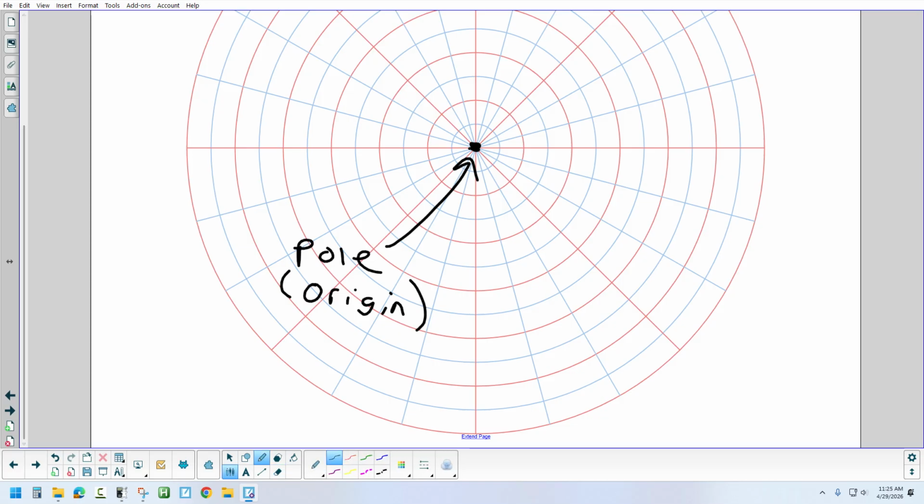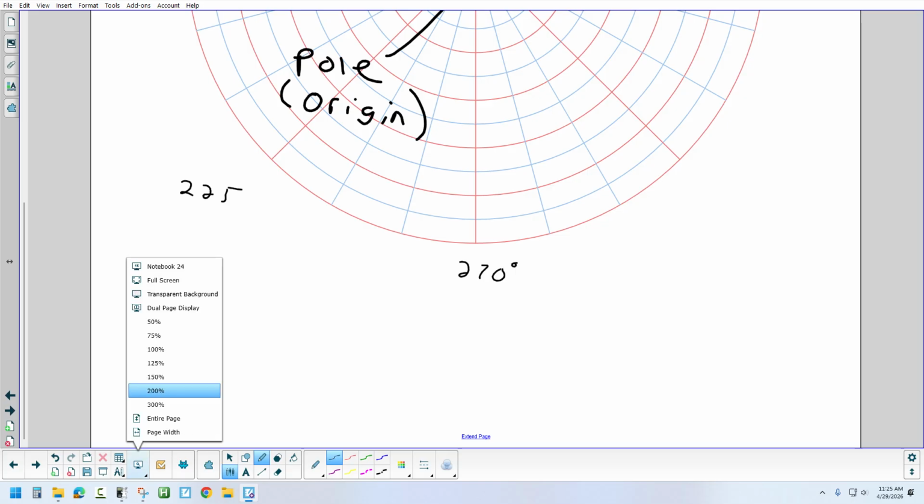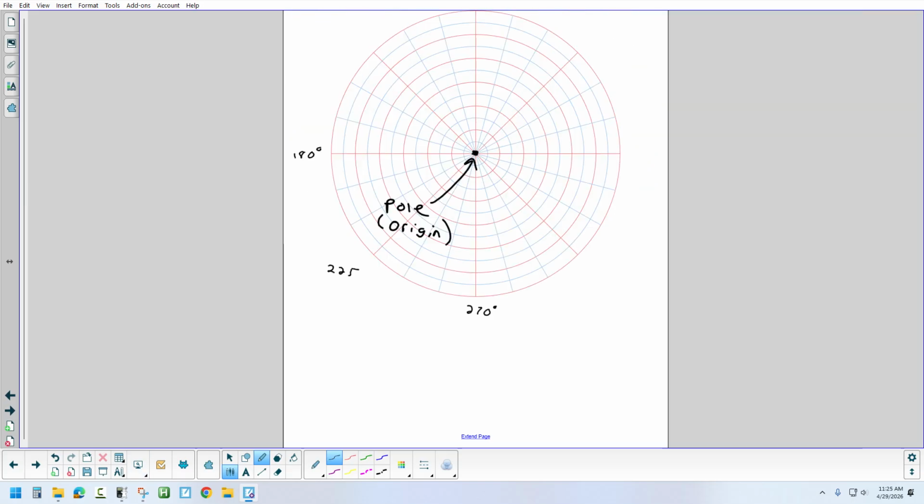Like if I was doing it on this one, this is 180. The red one in the middle is 225. And then down here is 270. Let me zoom out, I can't see the whole thing. And then in between, you've got your other angles. They go by 15s. So this is, let's see, 0.